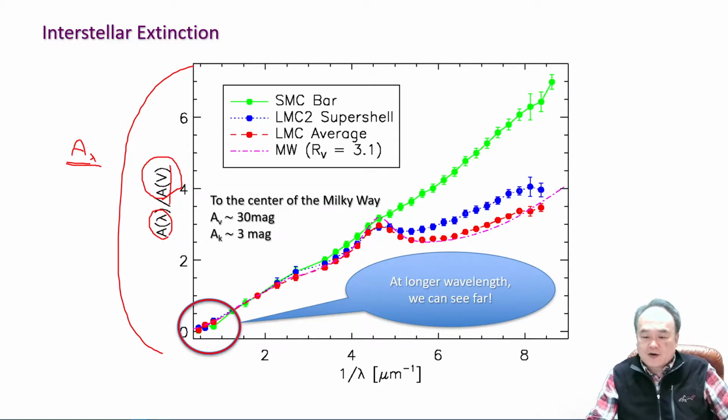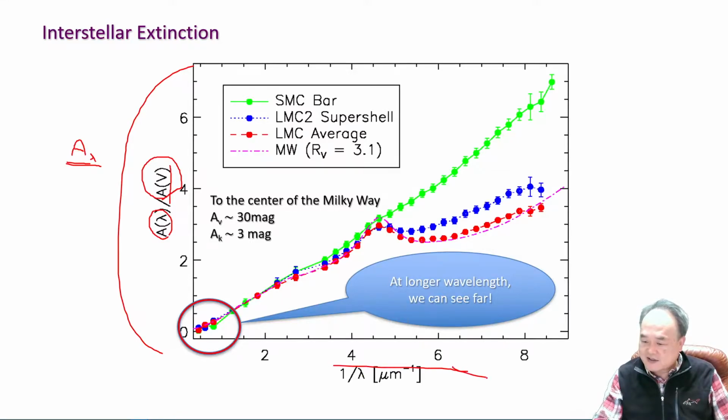As we can see, this is 1 over wavelength. This side is the short wavelengths, and this side is the long wavelengths. As we can see, the extinction compared to the visual extinction is getting really small.